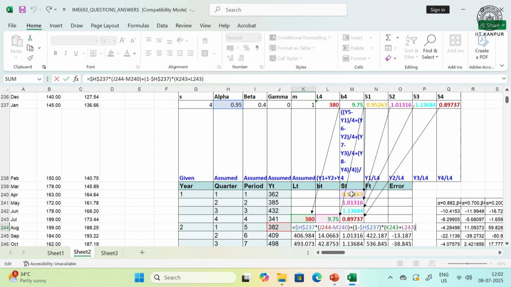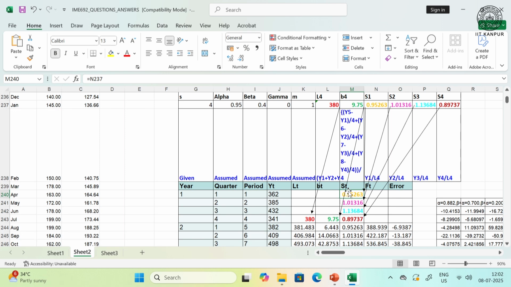M20 is given by the value of M240, sorry, M240 is given by this value which is here. That means, I am trying to find out the actual value minus the so called factor of seasonality, and that would be multiplied by alpha based on the concept of weightages I am going to give. That is part 1.